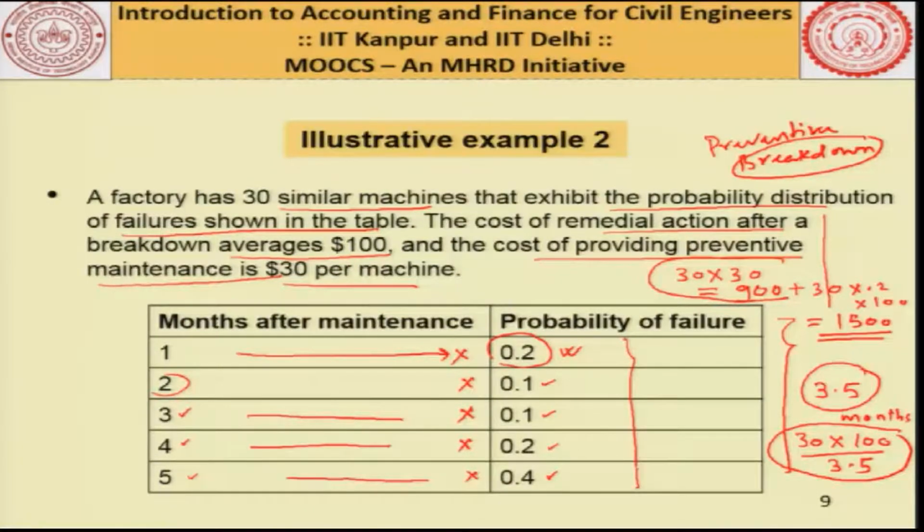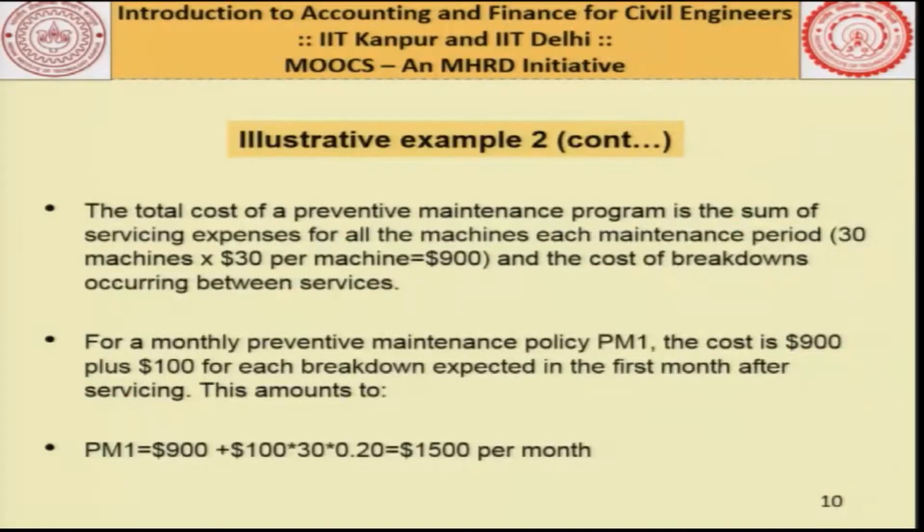So that means if you are going in for monthly preventive maintenance, in that case your cost liability is coming to be 1500. Now in the same manner, let us assume I am going in for bi-monthly preventive maintenance. So how does the cost come? You will have to find it like this.